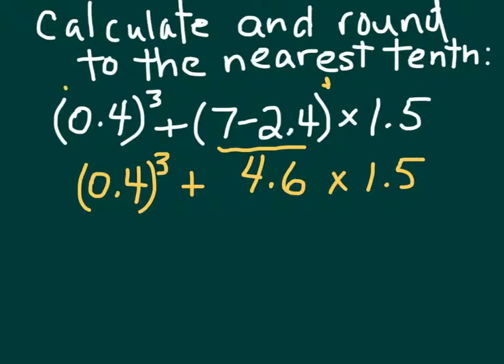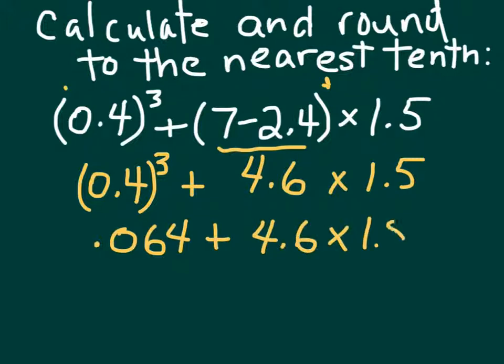And the answer is we should be dealing with this exponent of 3. So 0.4 to the third power is 0.4 times itself 3 times. So 0.4 times 0.4 times 0.4, which is 0.064, plus 4.6 times 1.5.